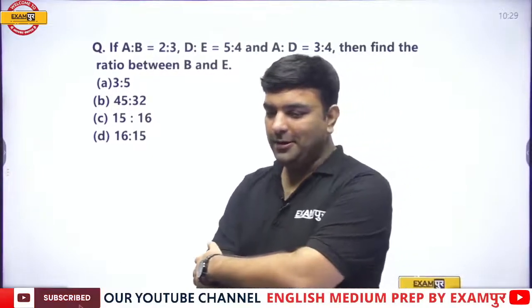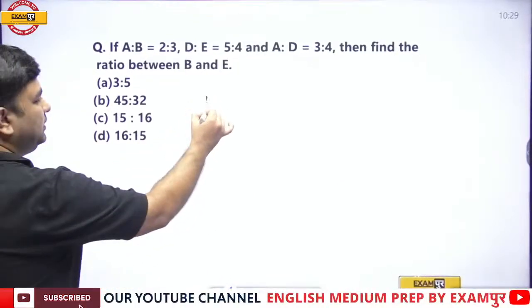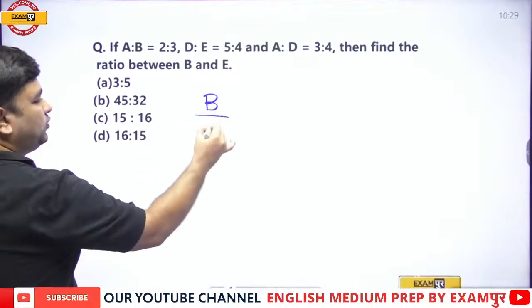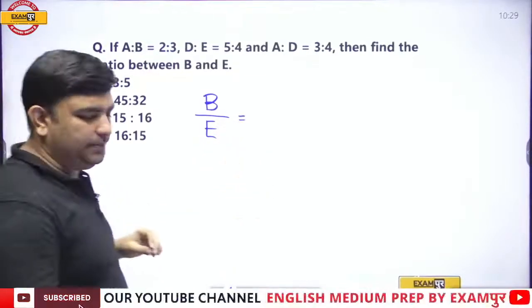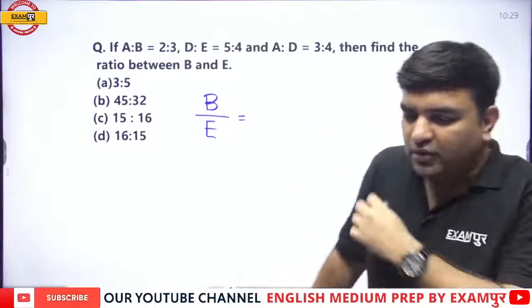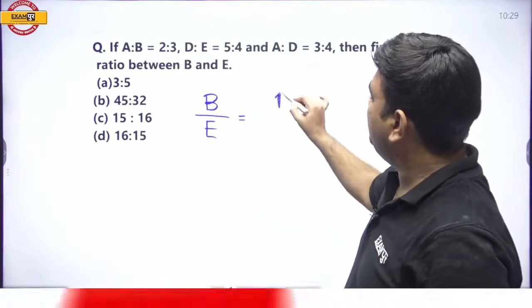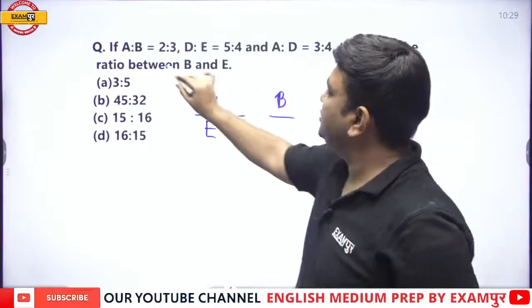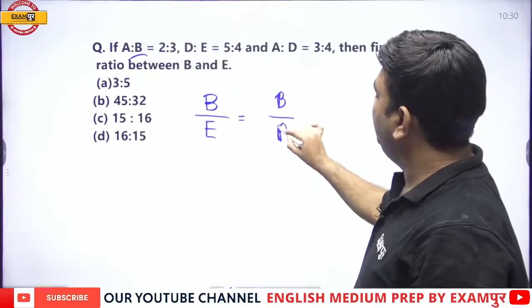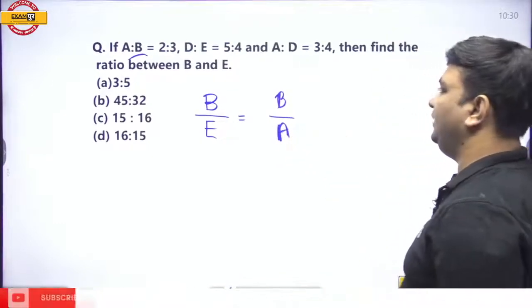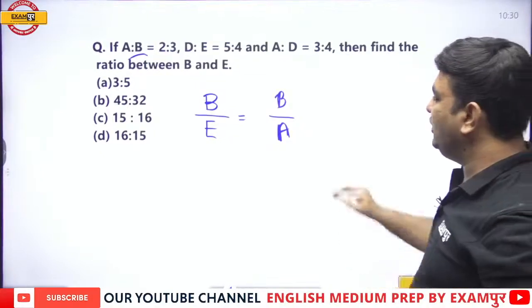Okay, I think I need to do it. What is the ratio between B and E? B by E. How can we start so that we can reach B by E? We have to start from B, so B. B ratio given with A, so B by A. Now I need to eliminate A as well.